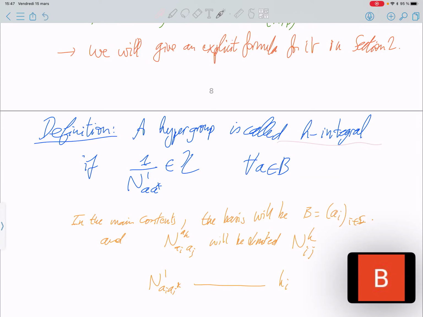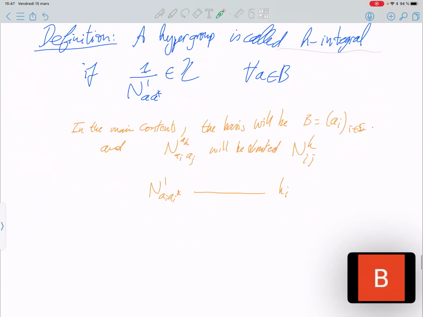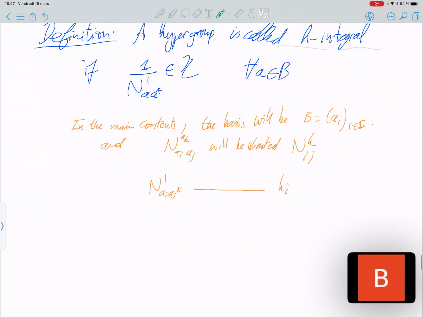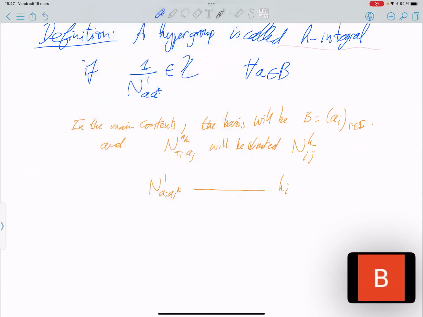In fact, it's something about algebra and ring. The main point is to be H integral. So in fact, this notion of H integral can be used itself as a categorification criterion, because as I said, it's true in the categorical framework, but not in general.